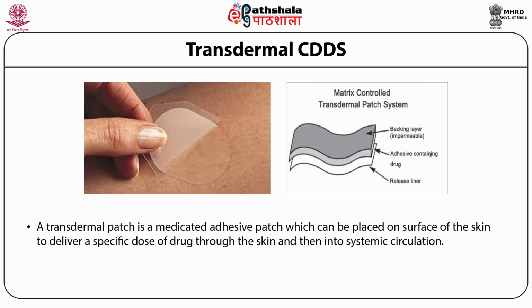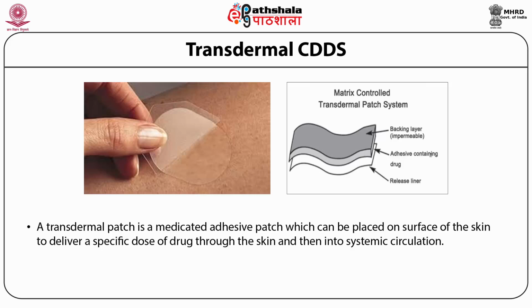A transdermal patch or a skin patch is a medicated adhesive patch that is placed onto the skin to deliver a specific dose of medication through the skin and into the bloodstream. The main components which can be visualized on the screen include the liner, which protects the patch during storage. The liner is removed prior to use.